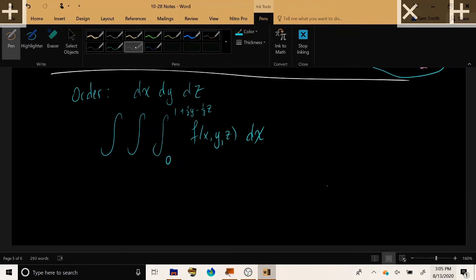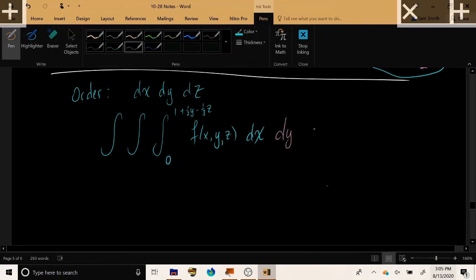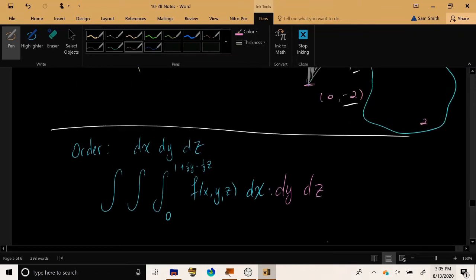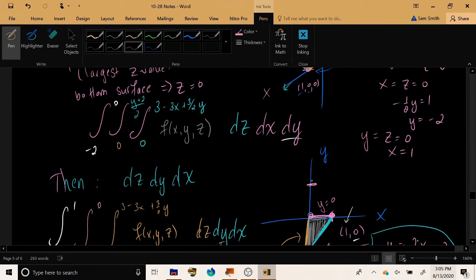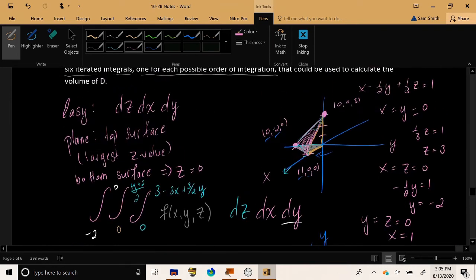Alright, now moving one layer out, we have the dy dz integral. Previously, when z came first, we considered the shadow, the projection of the three-dimensional region onto the xy plane. In this case, because x has come first, we're going to consider the projection of the region onto the yz plane.